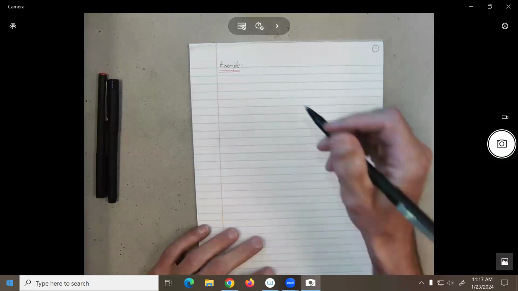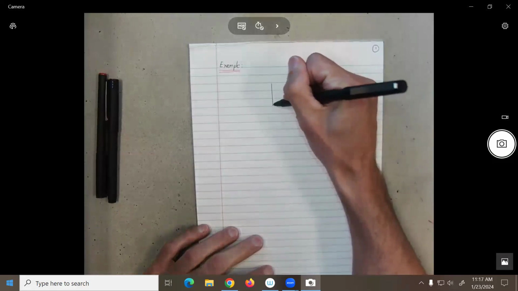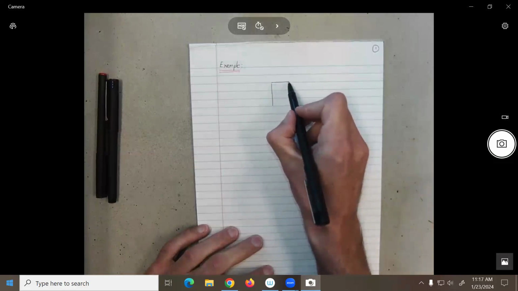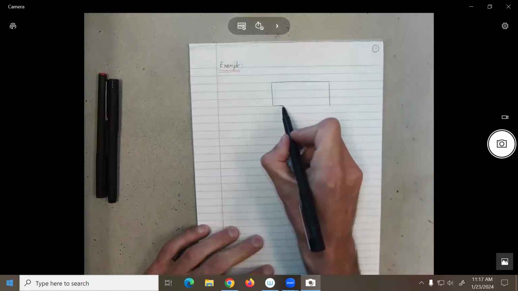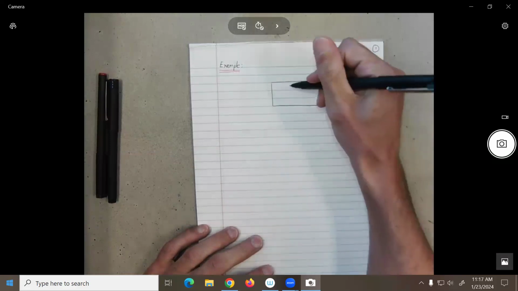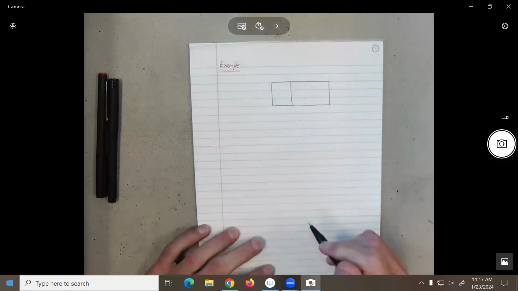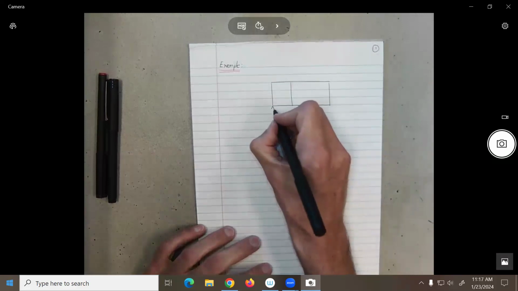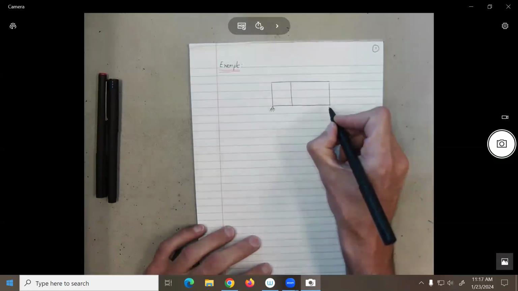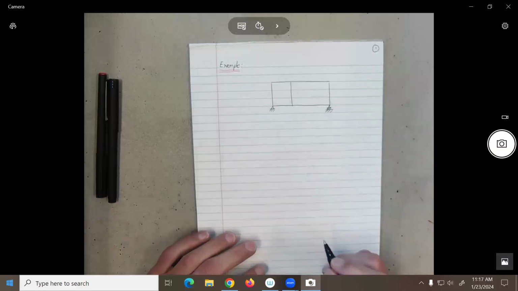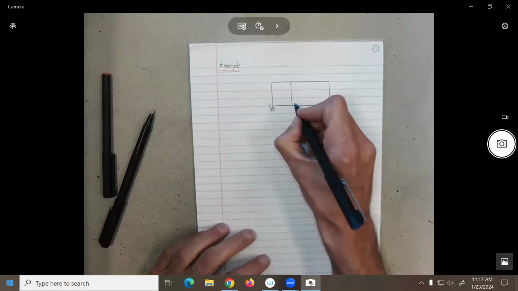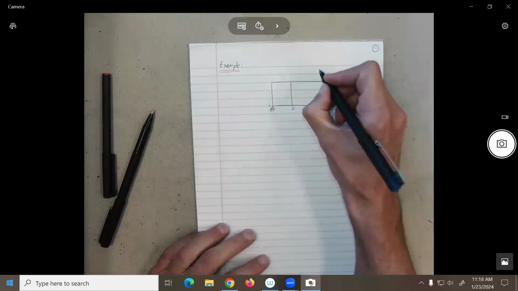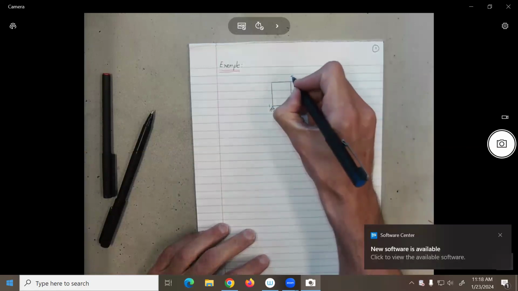Okay, so we're going to do another example. This one is really very simple, but it's not so much about the difficulty; it's more about the two different ways we can solve this problem. So let's say you have a frame like this. Here it is simply supported, and at the other edge we're going to put a roller. We can call these points 1, 2, 3, 4, 5, and 6.